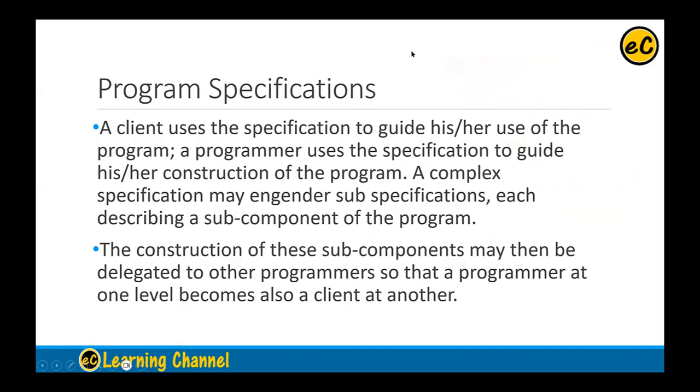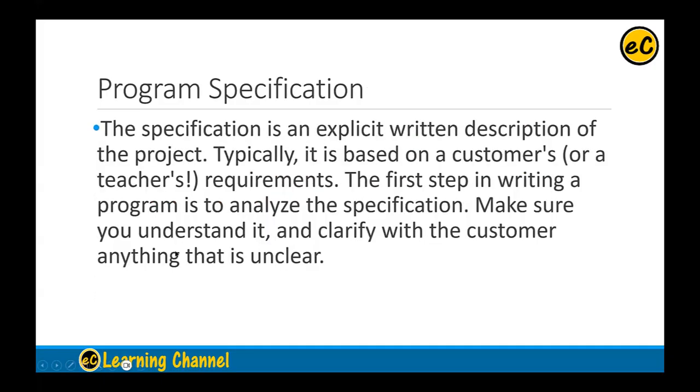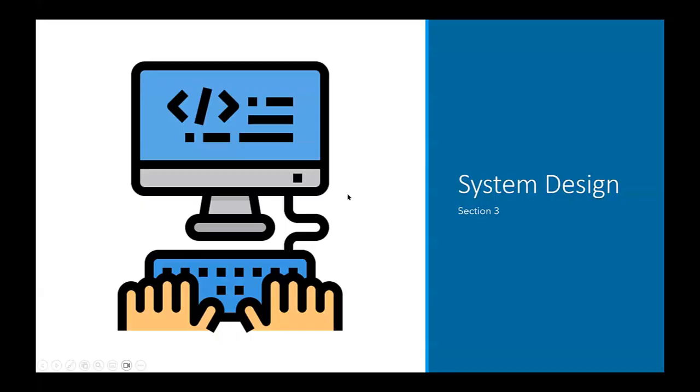So a client uses the spec to guide his or her use of the program, while a programmer uses it to develop the program. Okay, so this is a concept. So basically, when the contract is missing something, you need to go back to your user or go back to your manager to figure out what should be done.